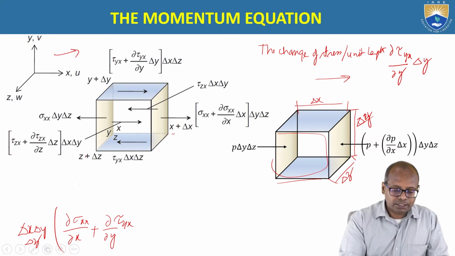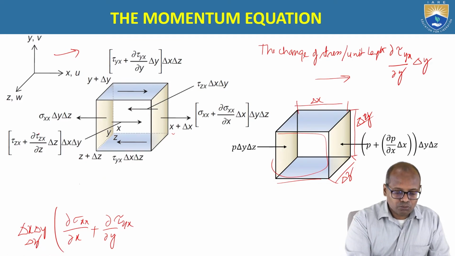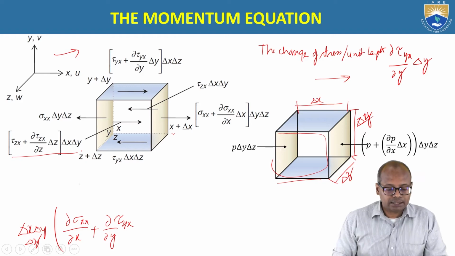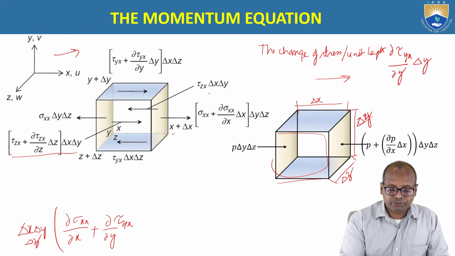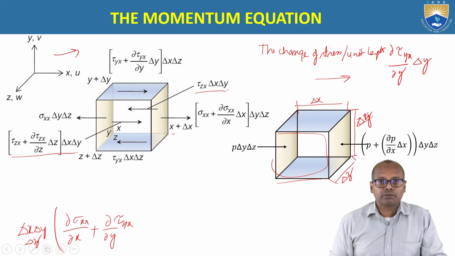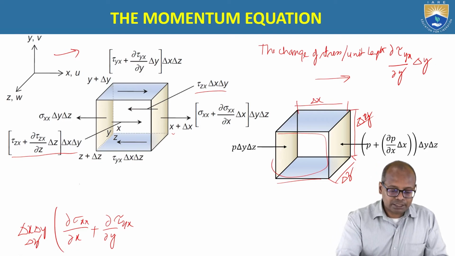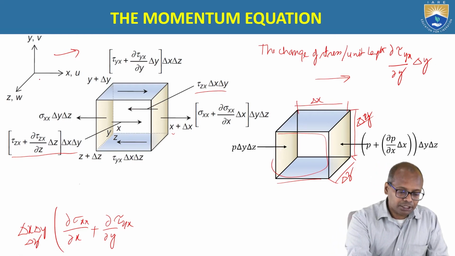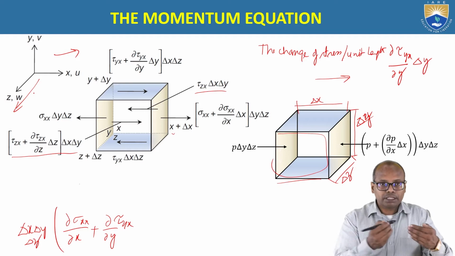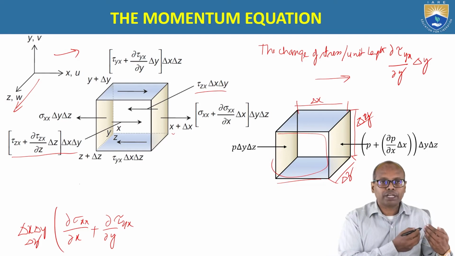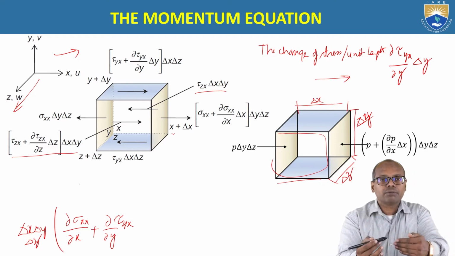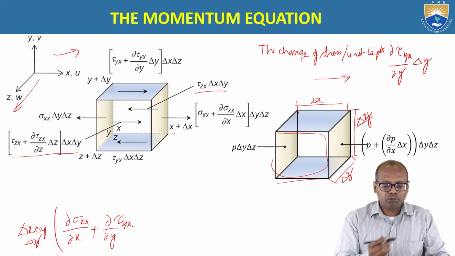On the front face the force acting is tau zx, and on the back face it is tau zx into delta y delta z. So this is changing in the z direction, from back to front. The back side it will be less, the front side it will be more.